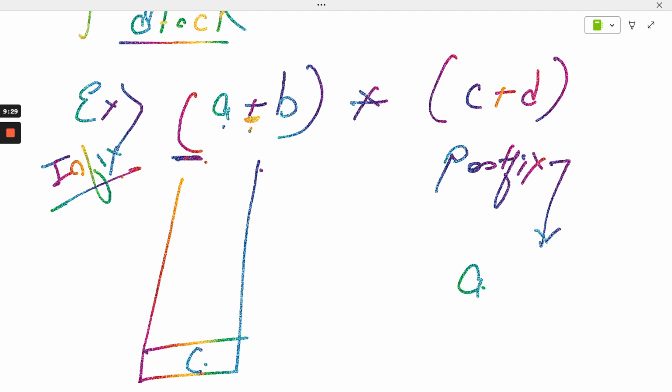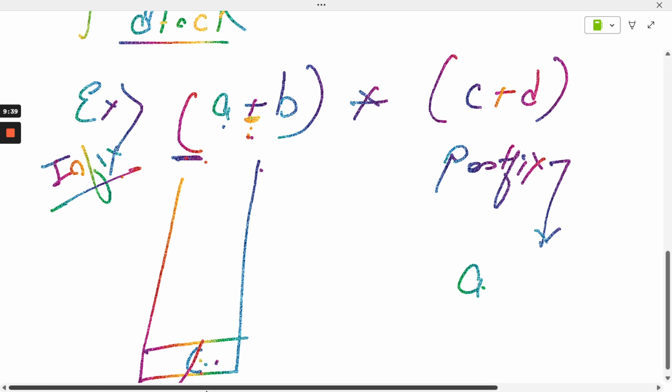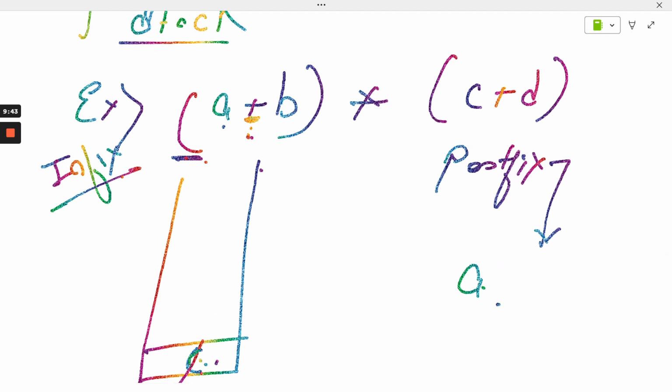So we compare the top of the stack with the look ahead symbol. If the top of the stack has higher precedence than the look ahead symbol, then this gets popped, and when this gets popped we won't write it here. Since this is only the opening bracket, we don't write the bracket here. We just move the look ahead symbol to the next symbol.